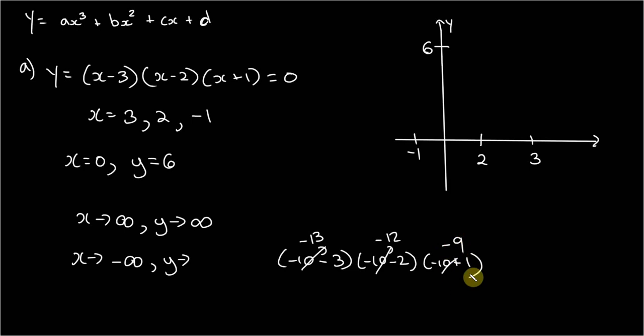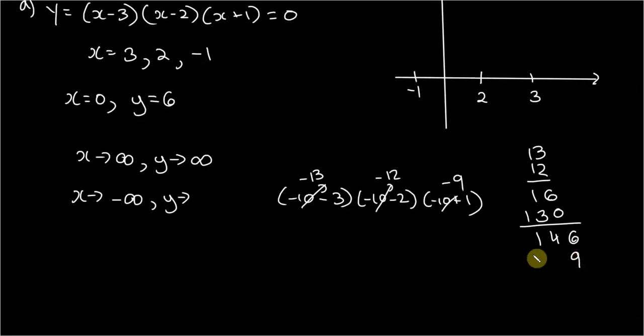Well, negative 13 times negative 12 is going to be positive 156. Okay, and then actually we have to multiply that by negative 9 still, sorry, because it's two negatives being multiplied with one another.